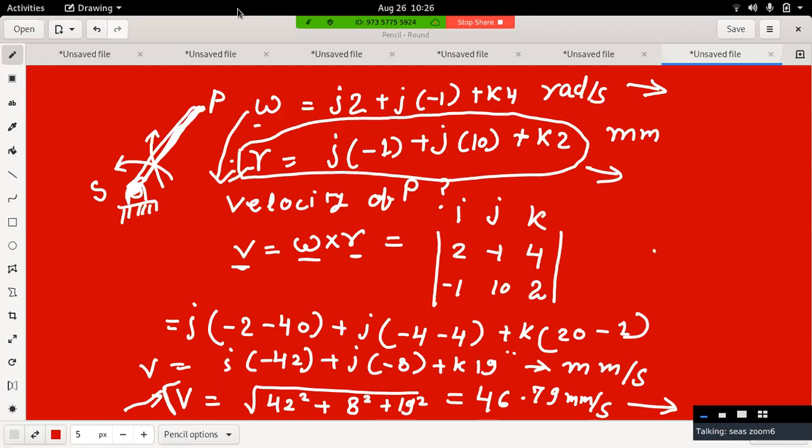So if a radius vector is like this r, and omega the angular velocity vector is here, तो अगर ये दोनों को जोड़ के एक प्लेन बना सकते हैं, तो इस प्लेन के परपेंडिकुलर पे लीनियर वेलोसिटी v होगा.